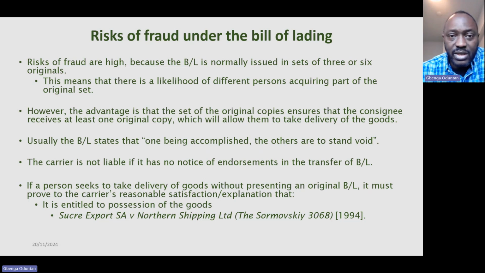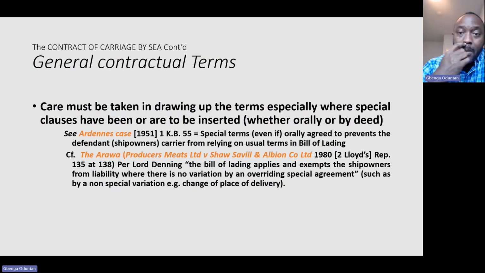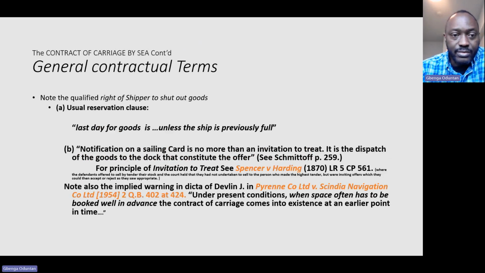He therefore needs to compensate the owner of the goods for handing over the goods to the wrong person. That is definitely one of the key areas of disputes, key areas of wrongness that takes place in maritime transportation.